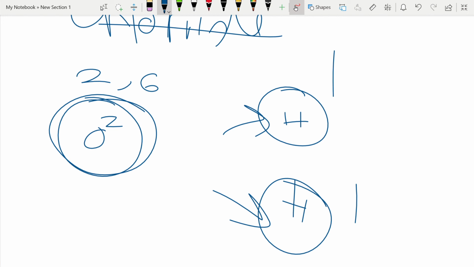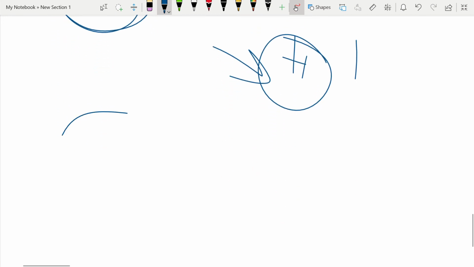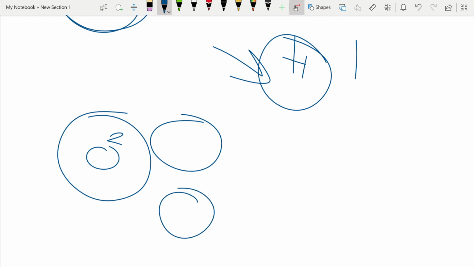Now here, hydrogen and oxygen will have to share. How is that going to work? So here, oxygen and hydrogen are going to come together, and they're going to have one electron hanging like that.